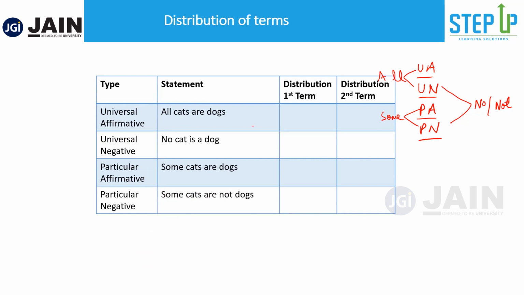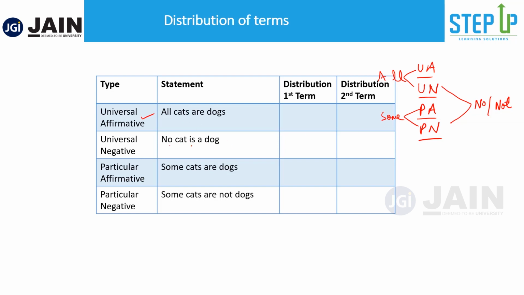Let me give an example. Let's look at the statement, all cats are dogs. If you have to say what type of statement this is, this has "all", so this is universal. It doesn't have a negative, so it will not be universal negative, it will be universal affirmative. So that's why I have said universal affirmative. Now the second statement, no cat is a dog.